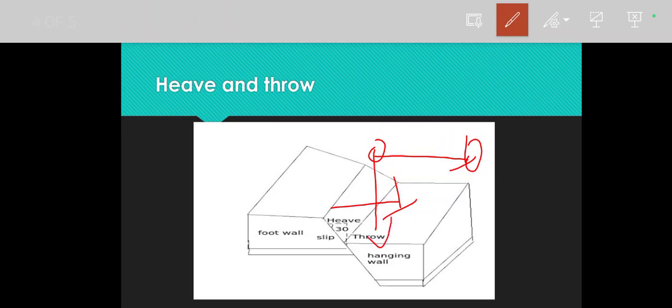The throw is always in the vertical direction, and heave is always in the horizontal direction. This is a very simple way to understand what heave and throw are. This is always for faulted strata.